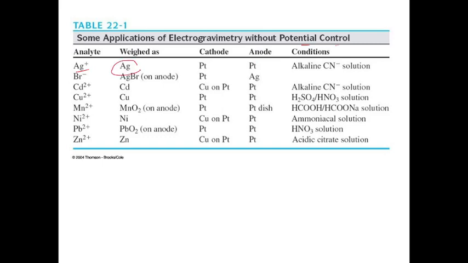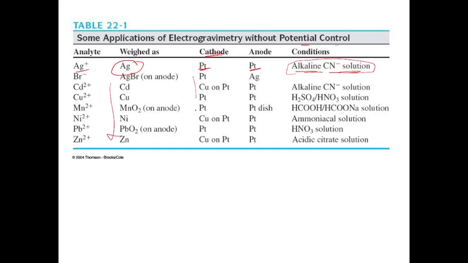After deposition it will be weighed as Ag. The cathode used for silver deposition is made of platinum. Similarly, the anode is also made of platinum, and alkaline CN solution is used. So these are some suitable conditions.